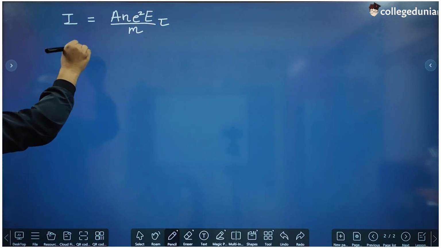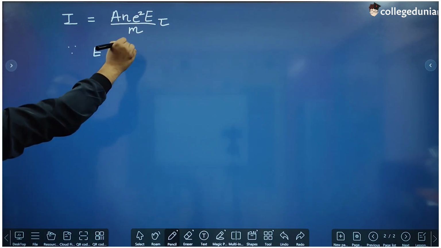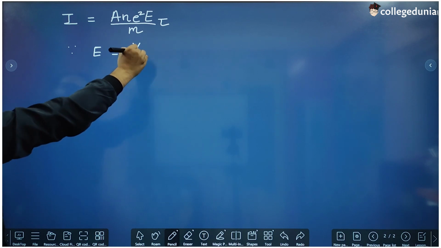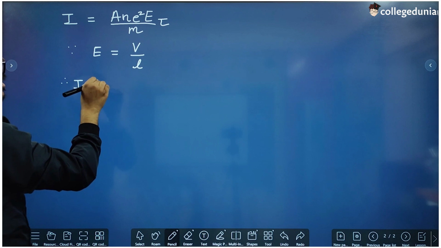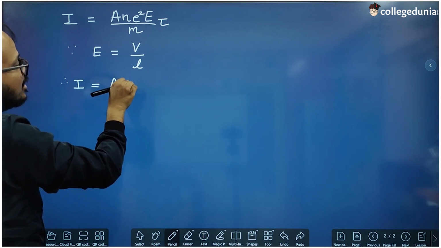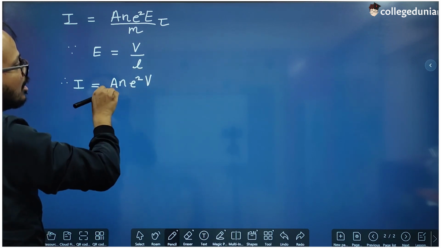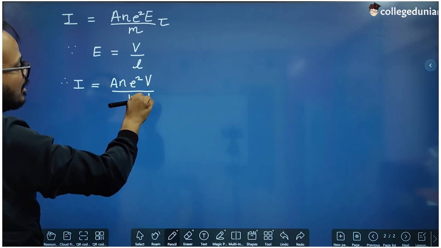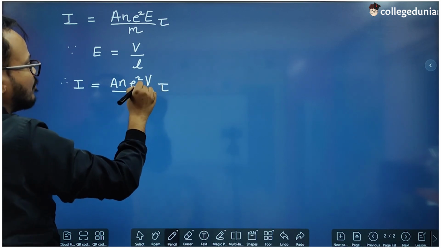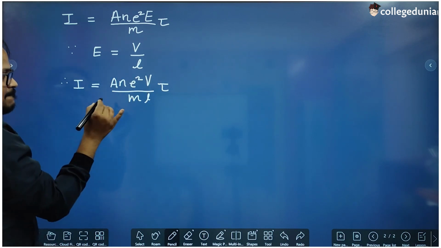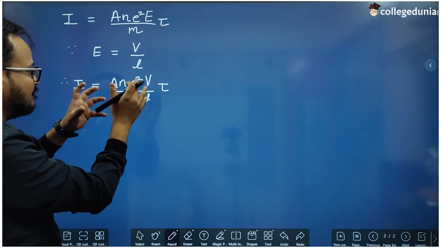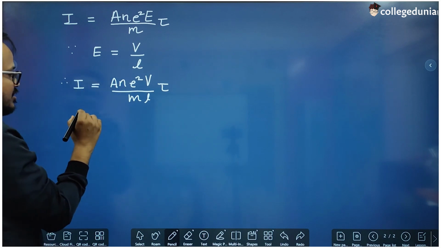And since E is V divided by L, now put this value of E. Therefore I becomes A n e square V by mL into tau. Just keep this V on one side and shift every other variable to the other side.